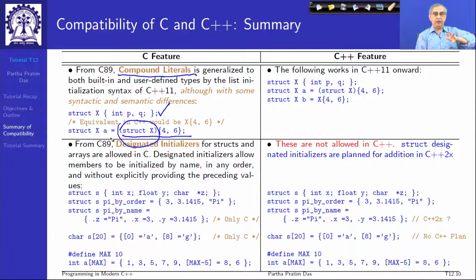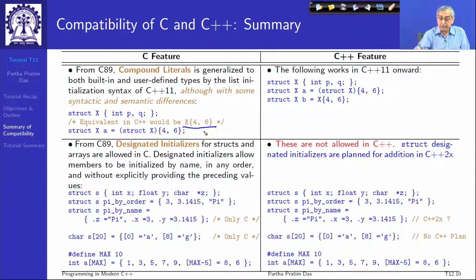So, from this compound literal, I make it a structure and initialize some variable a of that structure type, which otherwise would have required either component wise initialization or something like this, which says that I am actually constructing x with 2 components 4 and 6 respectively.